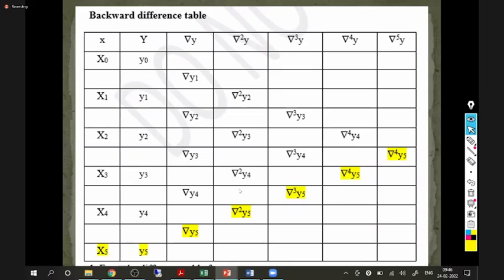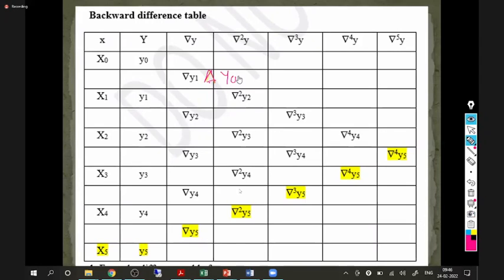Okay, we come to the backward difference table. Now, what is the difference between forward and backward difference tables? The difference is only in the notation.